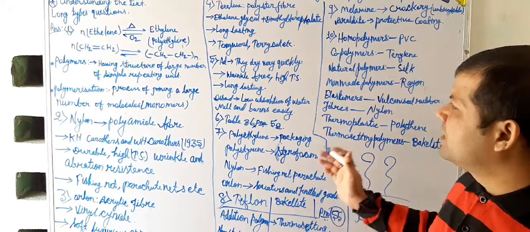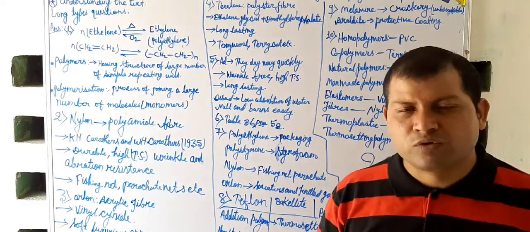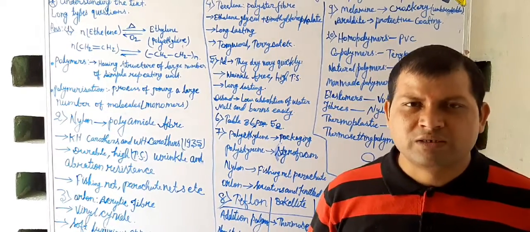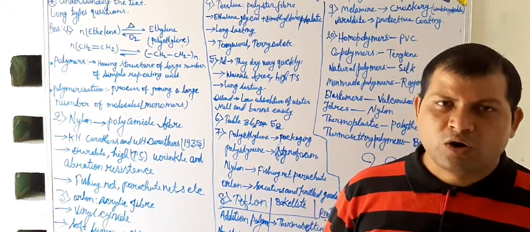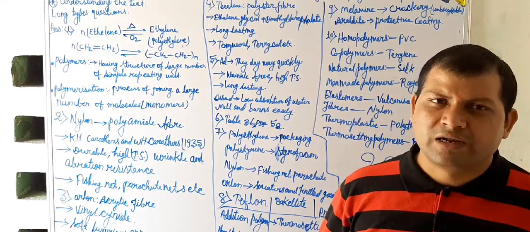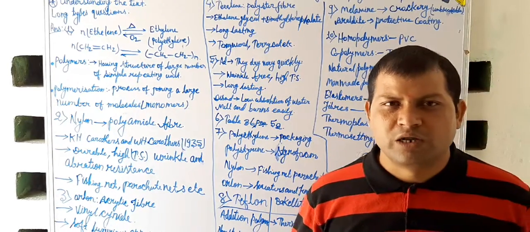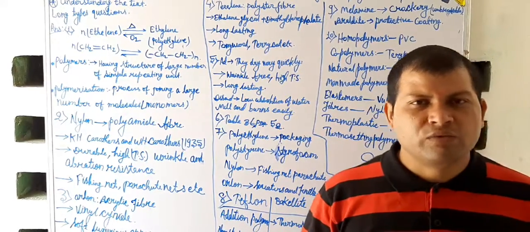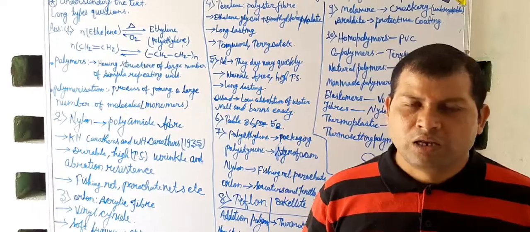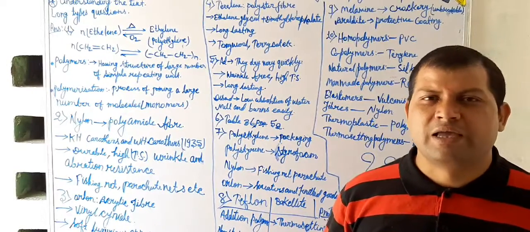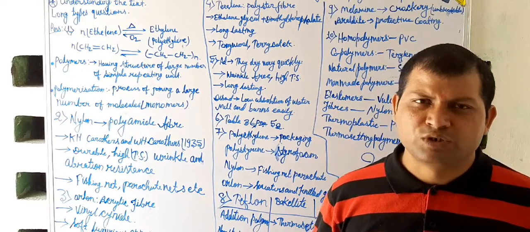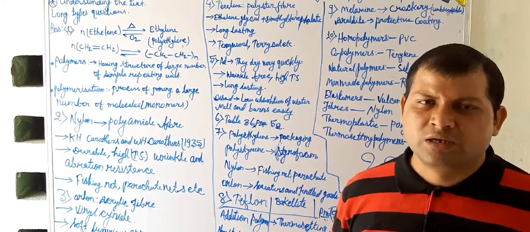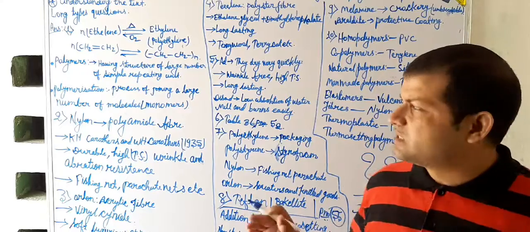You have to remember and write all these answers in your own language, and you ought to read them again and again so that you can get more and more advantage from these topics, and it will be helpful in your upcoming examination. I am sure that you have understood all the things taught by me in this video.